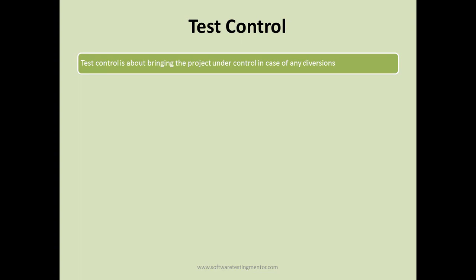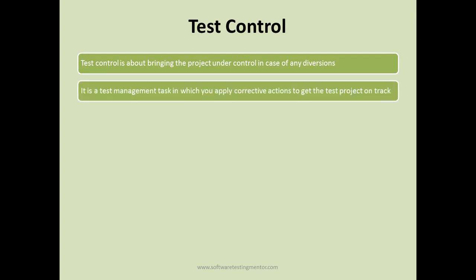If something is going wrong in the life cycle, there has to be some control which can control these diversions in the test life cycle. So test control is all about bringing the project testing under control in case of any diversions in the project.